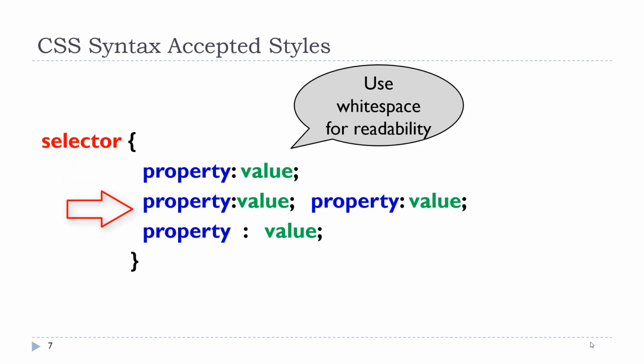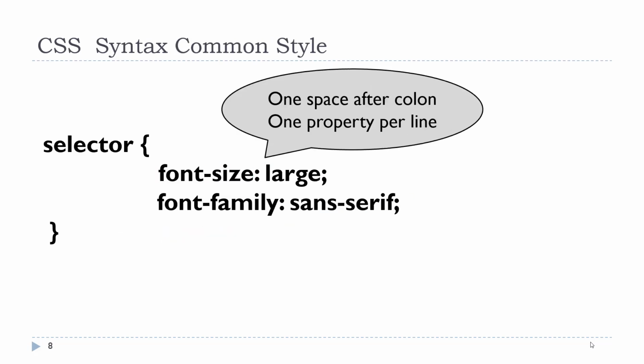You may write them across. However, white space makes everything a lot easier to read and to understand. This is a very common style that most developers use. A space after the colon, and every property and value on its own line.